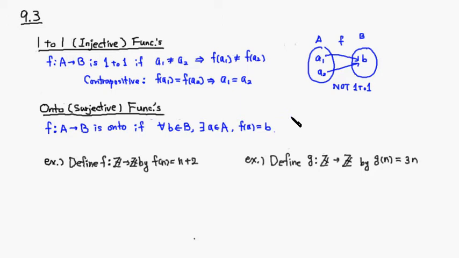Another way to say this is we have to make sure that the range of f is the same as codomain B.